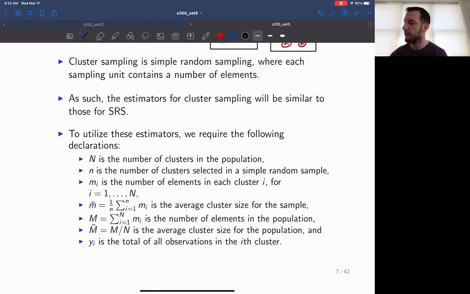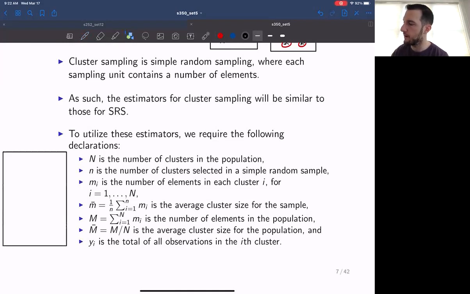So when we use cluster sampling, we let capital N denote the number of clusters that are in the population. So again, if we consider this box to be the frame, we're going to say we have capital N clusters.